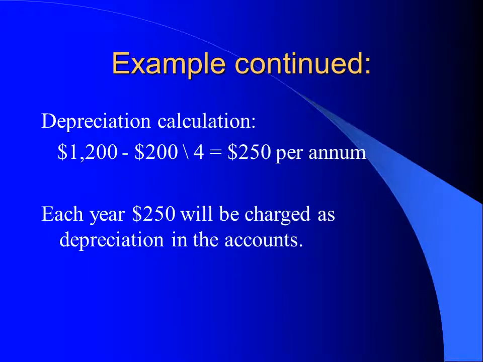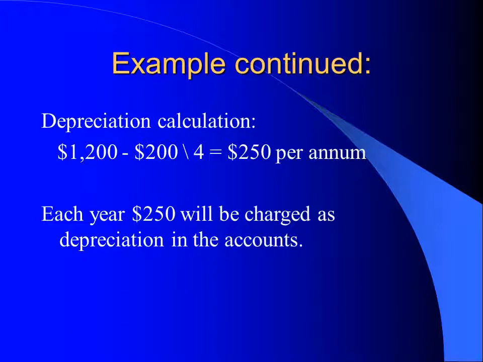The calculation of depreciation is shown here: we deduct the residual value from the cost of the asset and then divide the remainder by the life, that is 4 years. So we divide the remainder by 4 to get $250 as depreciation for 1 year. So $250 per annum is the depreciation of the computer.